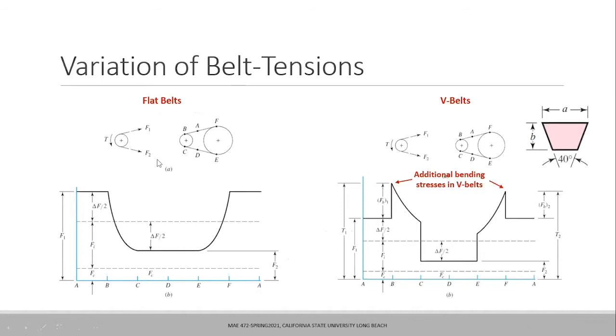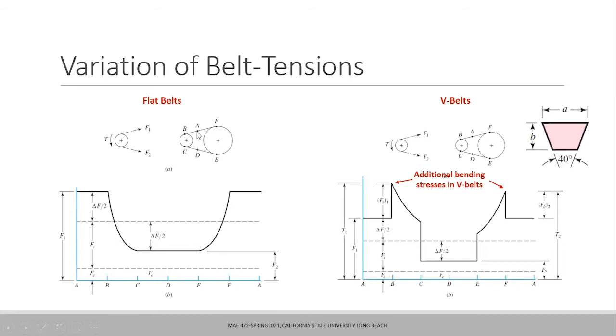On the left-hand side, you are seeing a flat belt wrapped around the driving side pulley and the driven side pulley, with certain points along the length of the belt: B, A, F, E, C, and D. The amount of tension at each point is depicted at the bottom, showing how the tension in the belt varies along its length.